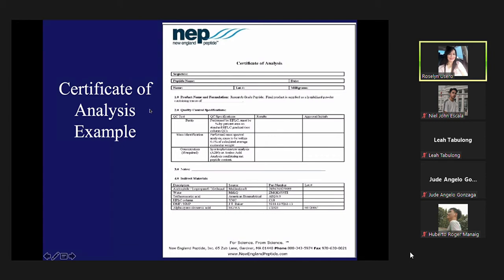Kada delivery sang chemical, pangitaon gid sang certificate of analysis stating purity, mass, concentration. So in here, we have purity performed by HPLC, must be represented on the HPLC grade. Okay.